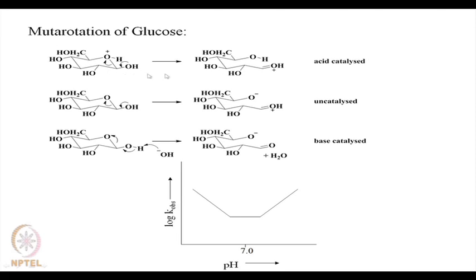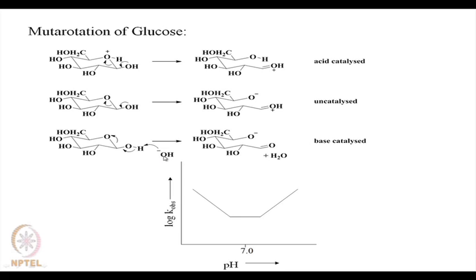So, this is a ring opening reaction, that is a 6-membered closed structure to an open structure, and this is the acid catalyzed mode, this is uncatalyzed, and this is very slow. Okay, this is very slow, and this one is the base catalyzed one, because importantly, you see here this OH minus snatches this proton from this anomeric carbon, and then this carbonyl bond is formed, and then this is open here.